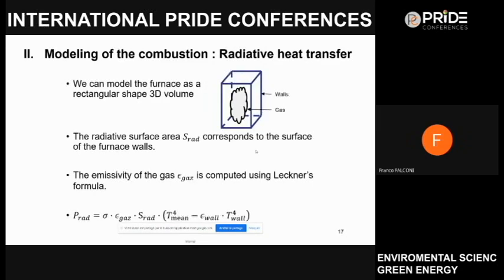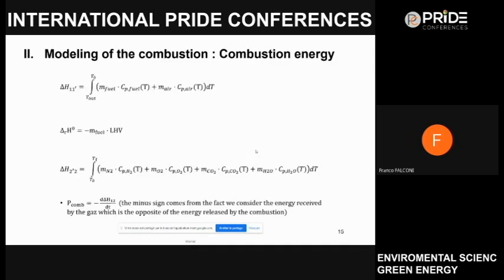Then, in order to evaluate each step of the virtual transformation, we have the first step, which is taking all the fuel and bringing it to the standard conditions. Then we have the energy release at standard conditions, and finally we have to take all the products of the combustion to the final state, which is the last line, and we have a minus sign because we are considering an exothermic reaction.